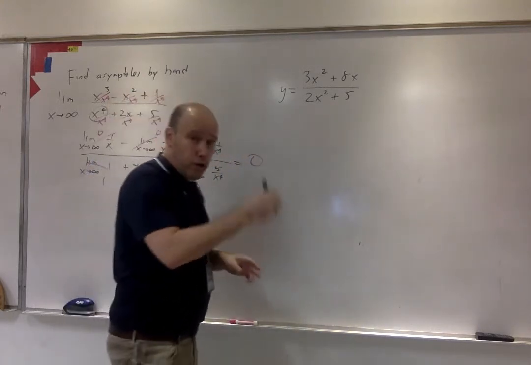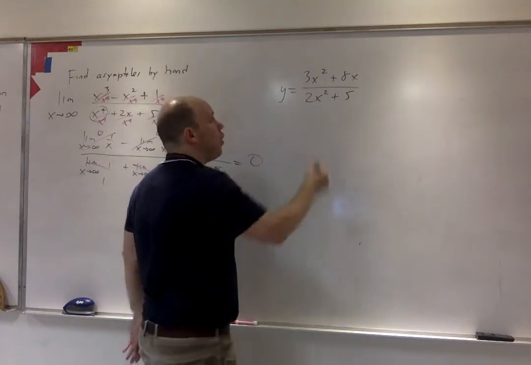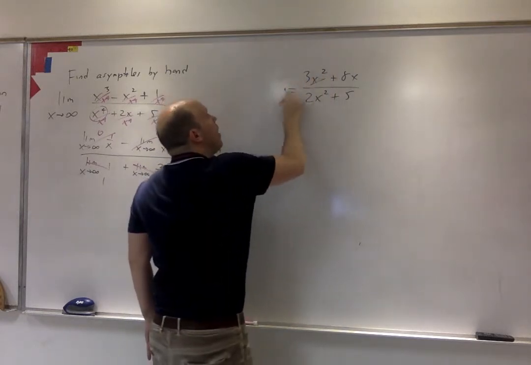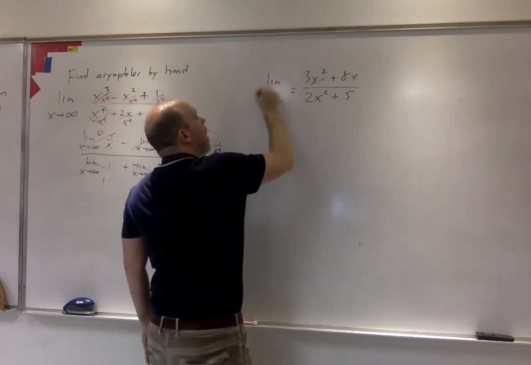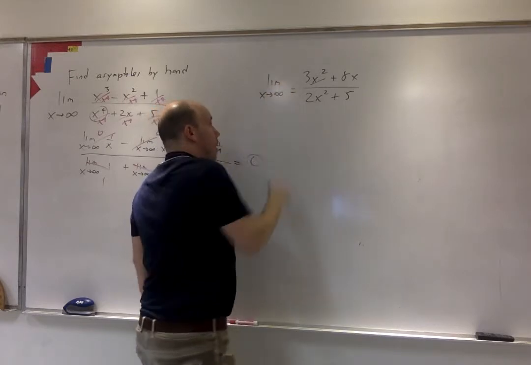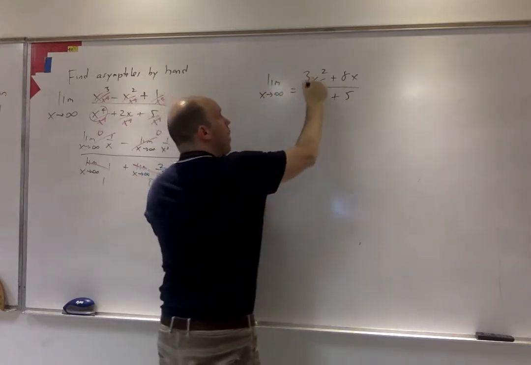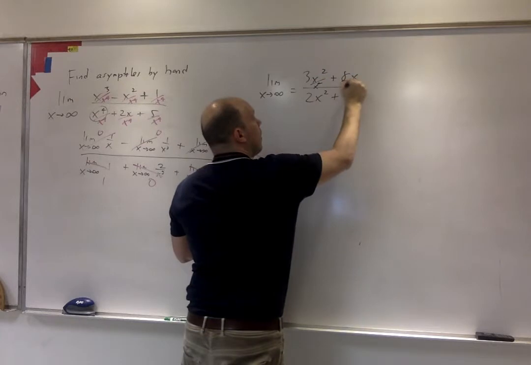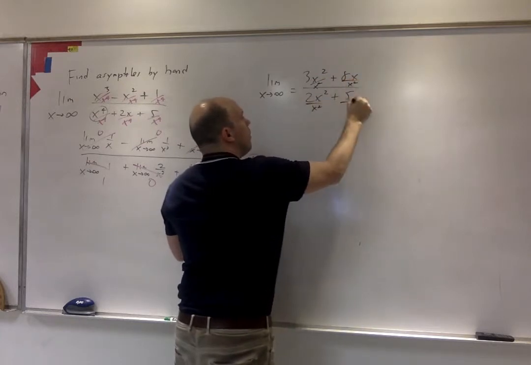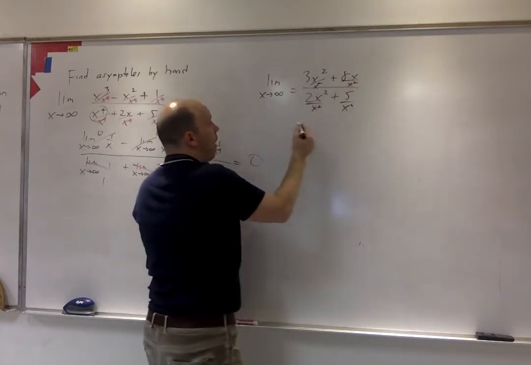Well, what did you mention? You said, oh, that x squared. So you know what? Divide everything. So I'm sorry, it's the limit as x goes to infinity. We're going to divide everything by the x squared and say, fine.